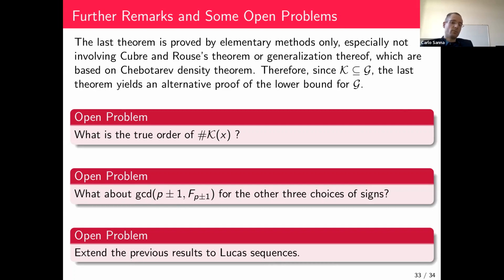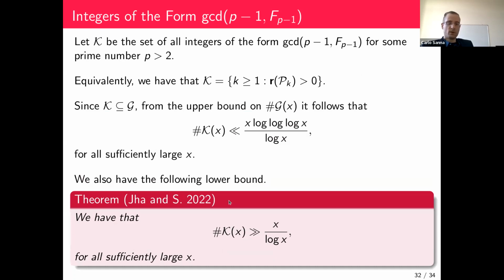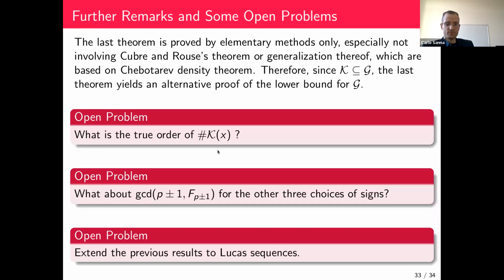This might suggest that with some clever techniques which are only elementary, one can maybe improve all the bounds and also find the correct order of the function G. But this is just a guess. Of course, the open problem is what is the true order of K?